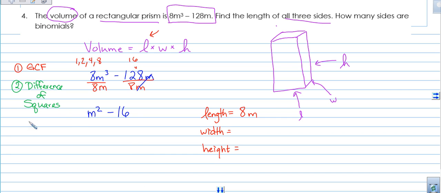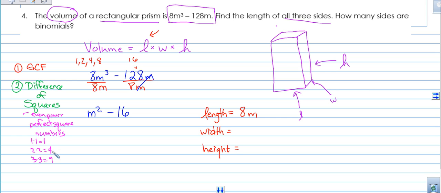So you look for an even power, and then you look for perfect squares. And you'll find those from like 1 times 1 equals 1, 2 times 2 equals 4, 3 times 3 equals 9, and so on and so forth.